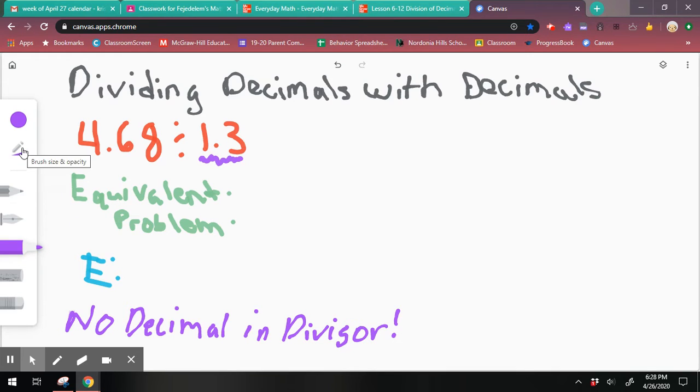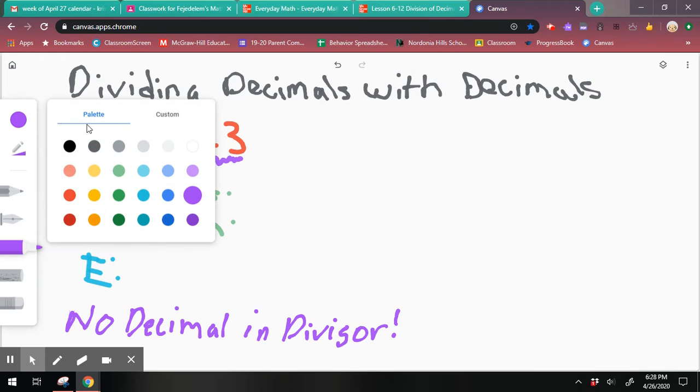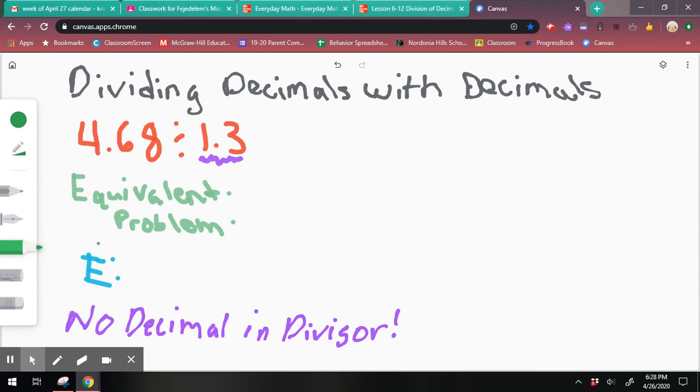To get rid of the decimal and make it a whole number, you remember in multiplication, we did the same thing. We need to move it one place to the right. Now our divisor is 13.